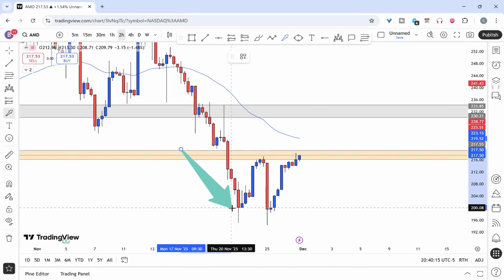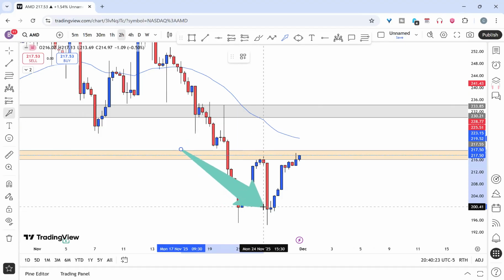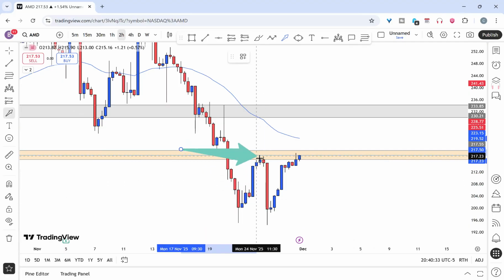Since this was the lower high and this was the lower low, this 2 hour candle broke through the lower low. So then this is the next lower low. And for right now, this one is the lower high.